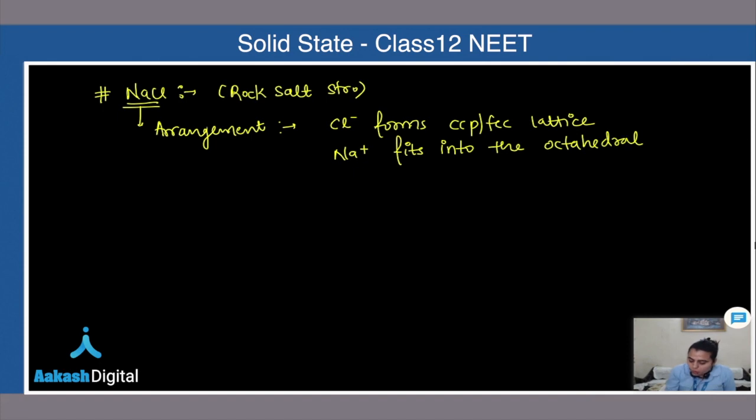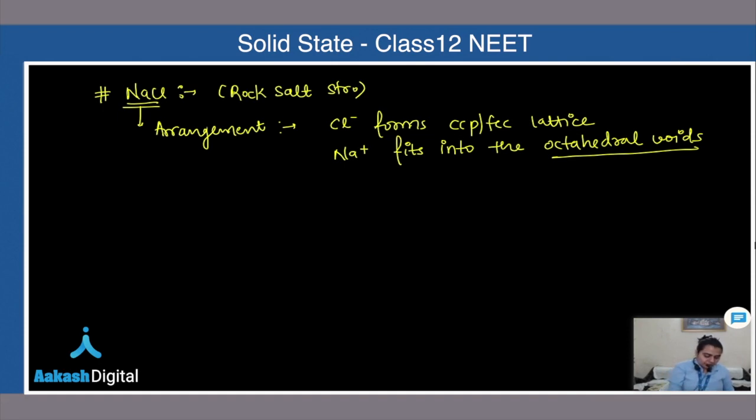Now, where are all octahedral voids present? At the edge centers and at my body center. Yes or no? So this means what kind of structure of NaCl will it be? If I show you diagrammatically, it will look something like this.